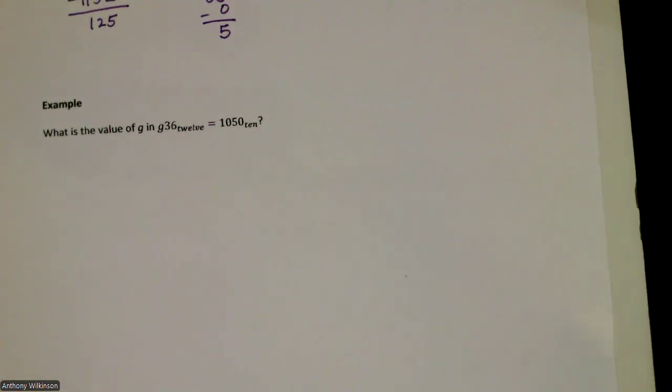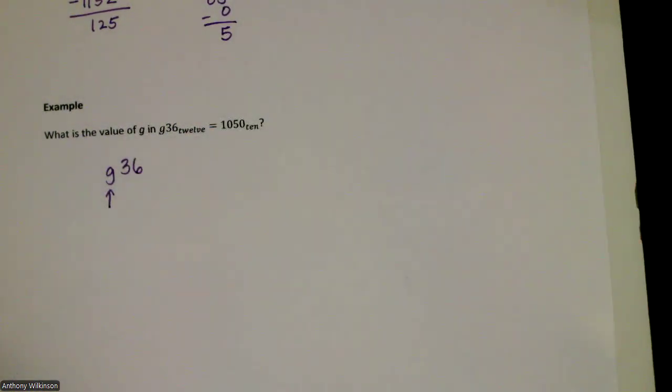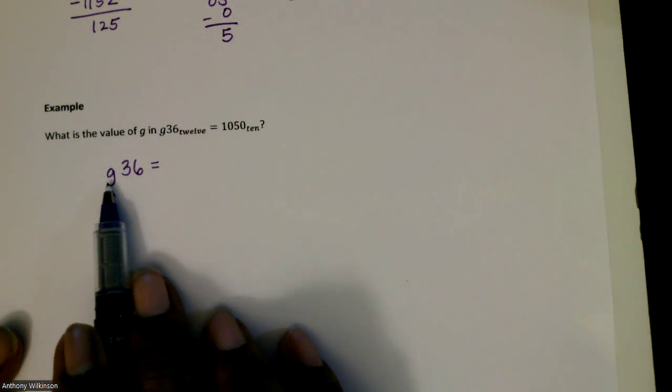And finally, in this example right here, what is the value of G in G36 base 12 equaling 1050 base 10? So let's look at G36. We're trying to find the value of G. Now, if you think about this, that G right there, well, this is 12 to the 0, this is 12 to the first, this is 12 squared.